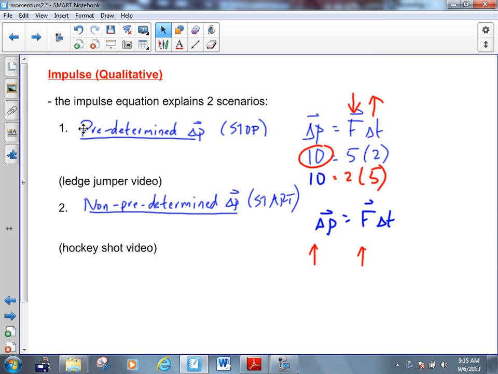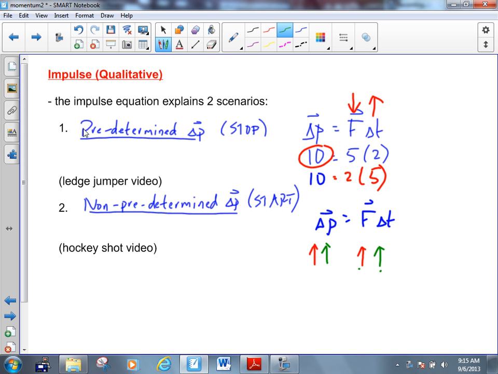If we increase the time of contact, then the impulse is going to increase as well. So by increasing the time here, we're not decreasing the force. Increasing the time has no bearing on the force this time. Increasing the time has only a bearing on the impulse, and we're going to increase it.